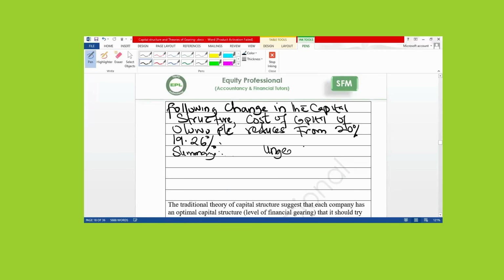Ungeared, geared. Market value: 65 million, 67.5 million.